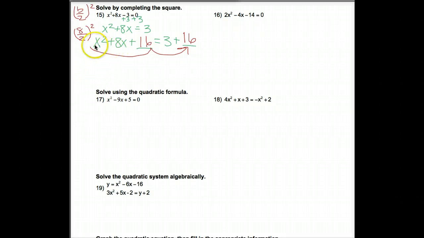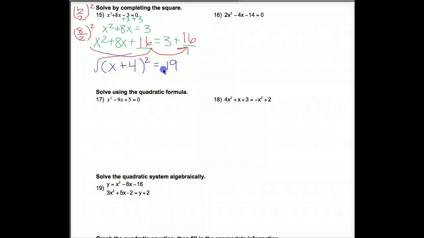After that, I factor the left side as a PST. So square root of x squared is x, square root of 16 is 4, sign of the middle term is a plus, and then it gets a squared. Over on the right, add those like terms, gives me 19. So now I can take the square root on both sides because the squared term is all alone.